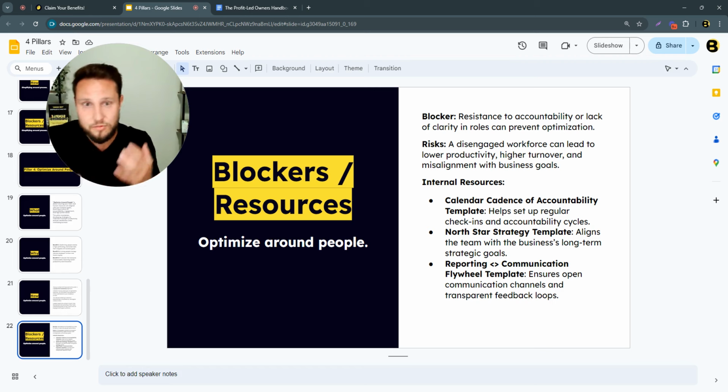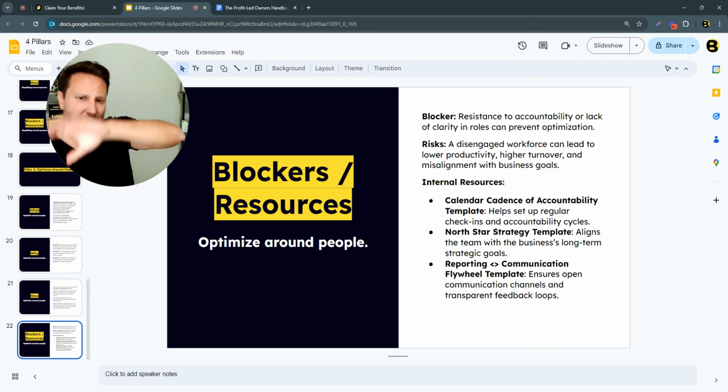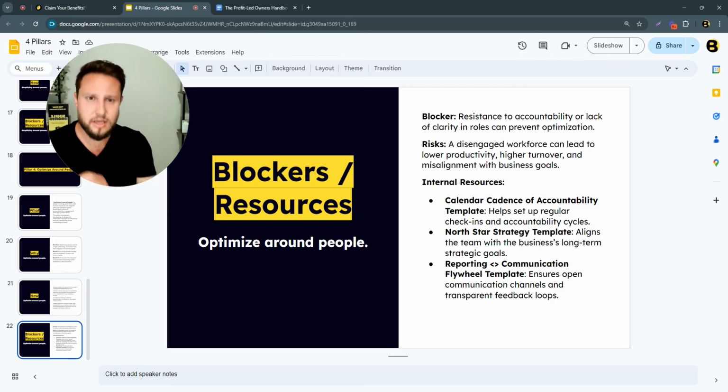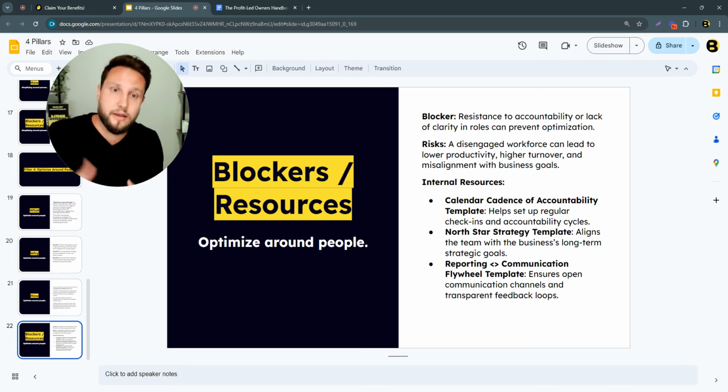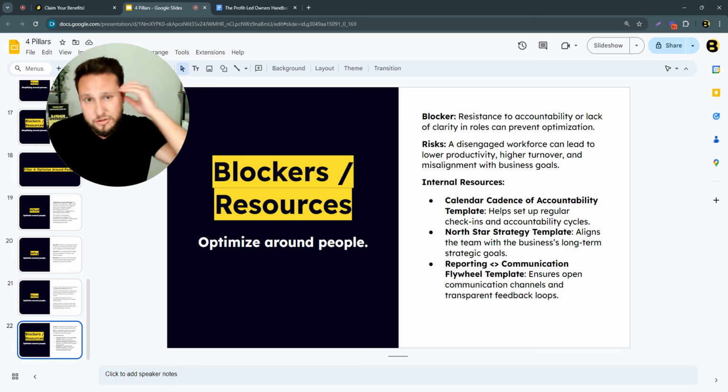And that's what we're trying to do with the communication flywheel and our reporting cycles, so that the transparency of reporting allows for retrospectives and more collaboration and communication to take place. And then as long as people know what to do and they're not questioning, should I, right? If you can make it very clear with a calendar of accountability, then you simplify and let people get to work and do what they do best, right?